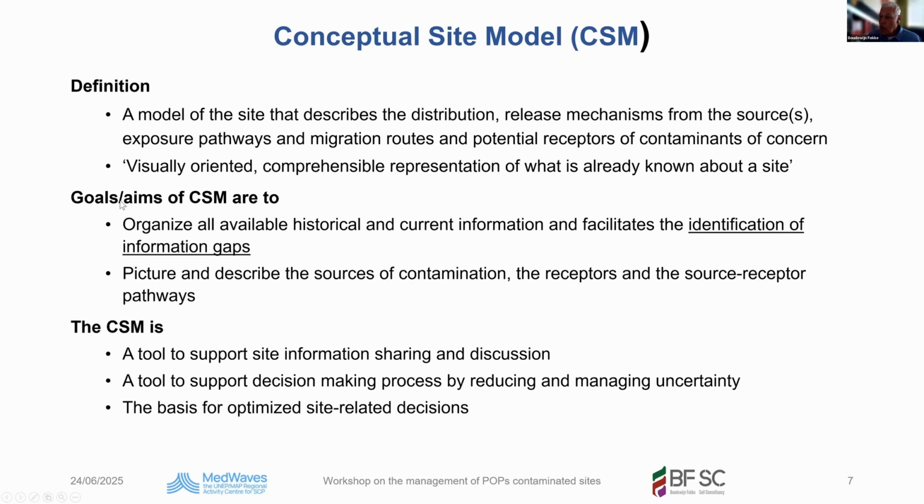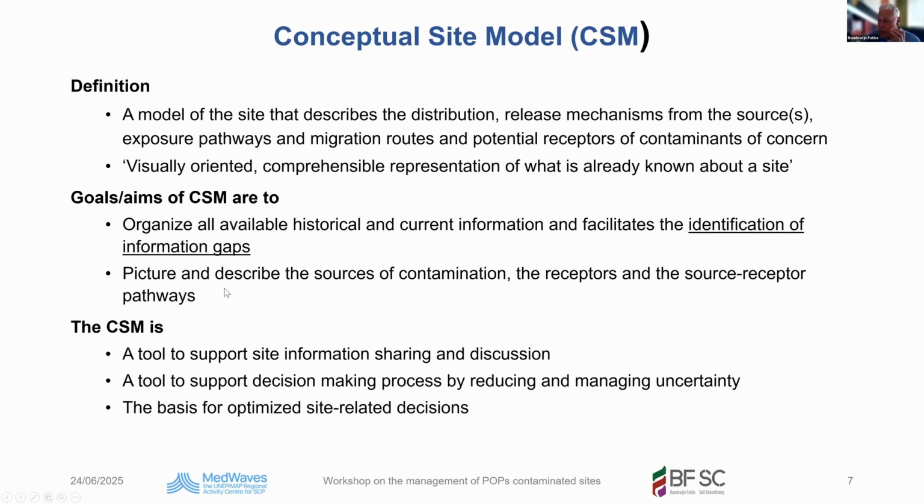That's the definition. The goals or aims of a conceptual site model are to organize all available historical and current information and to facilitate the identification of information gaps. And information gaps are the uncertainties. And it pictures and describes the source of contamination, the receptors, and the source-receptor pathway.